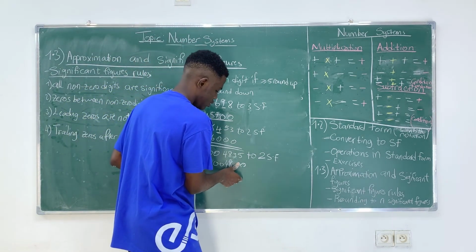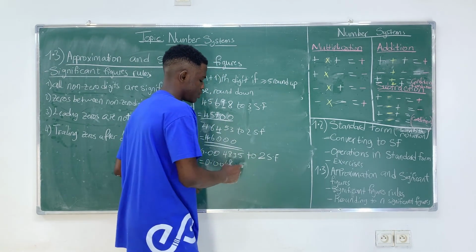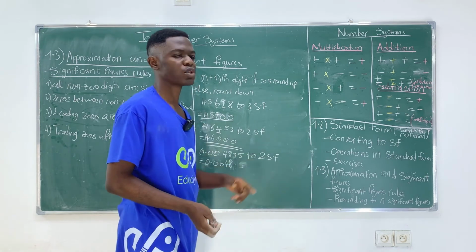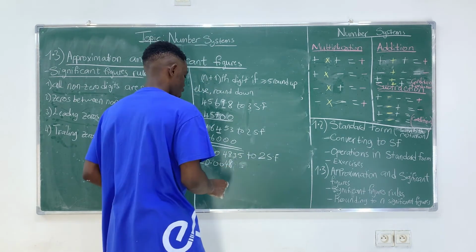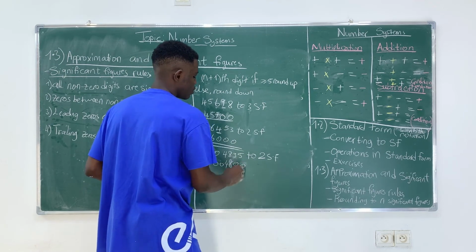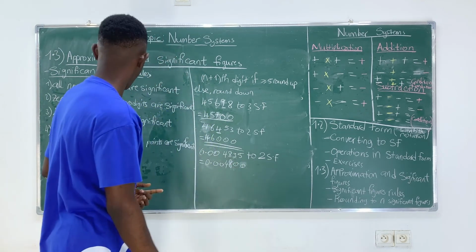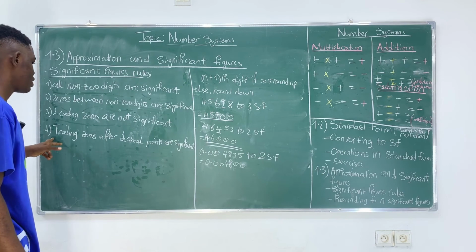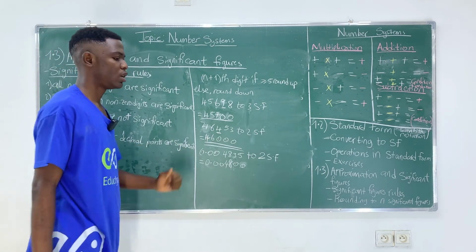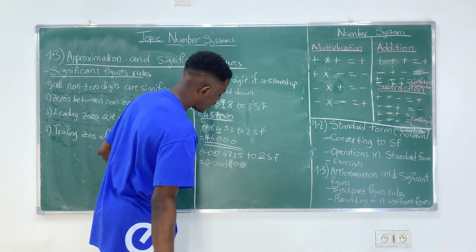So I don't even write it. If I write 0, 0, I'm supposed to have two significant figures. So I write 0.0048 because remember, zeros at the end after a decimal point are trailing zeros. Trailing zeros after decimal points are significant.